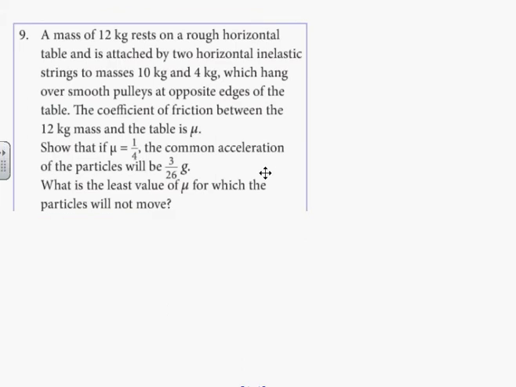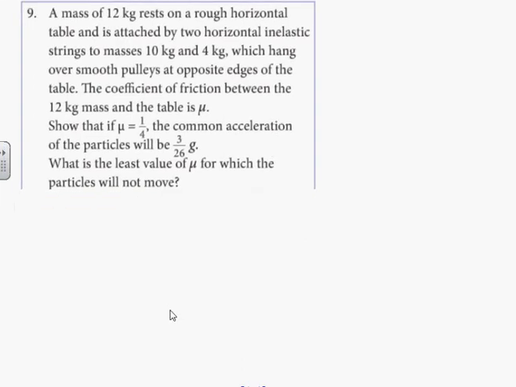Alright, so we're going to draw a diagram starting off. So I'm going to set up my table. Then once I set up my table, I'm going to set up a smaller box, like so. And then on the far side, it's just going to be these small pulleys that the two other weights are going to be hung from.